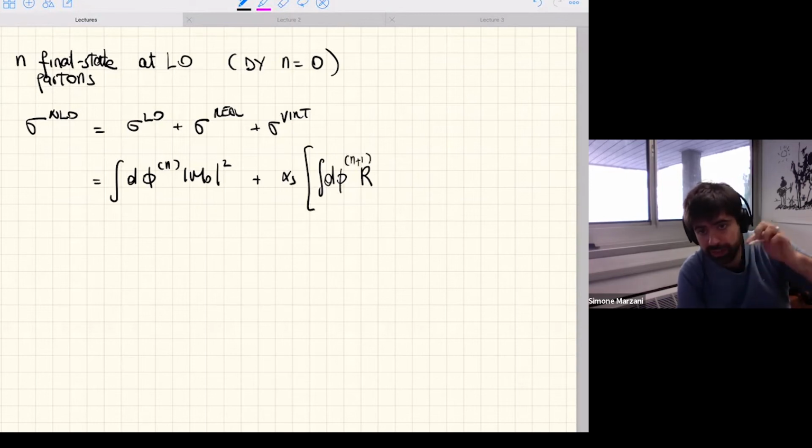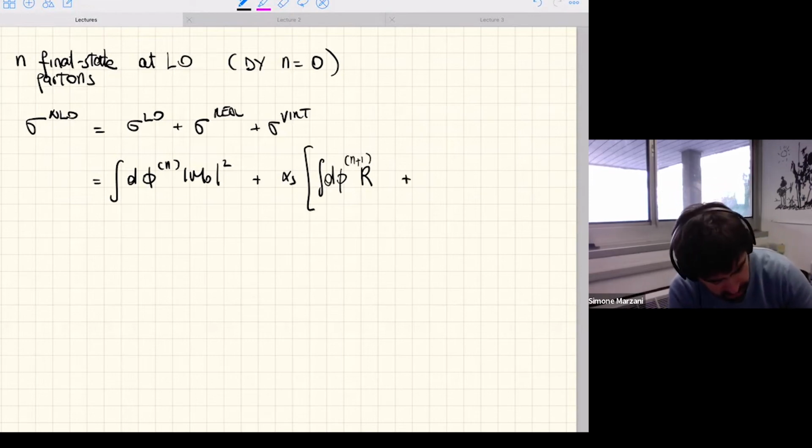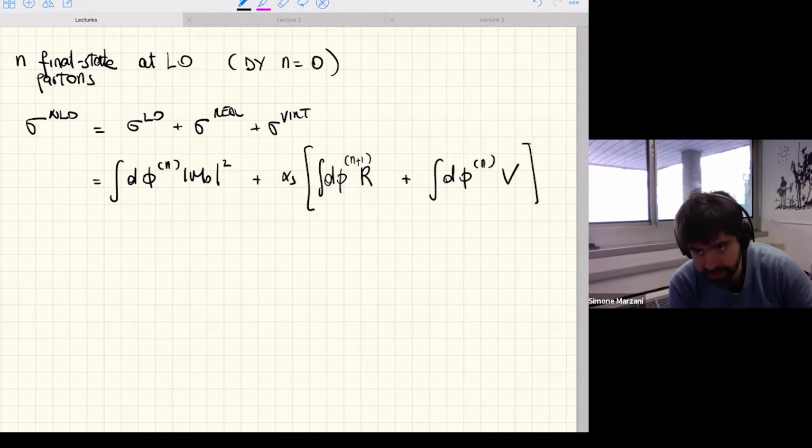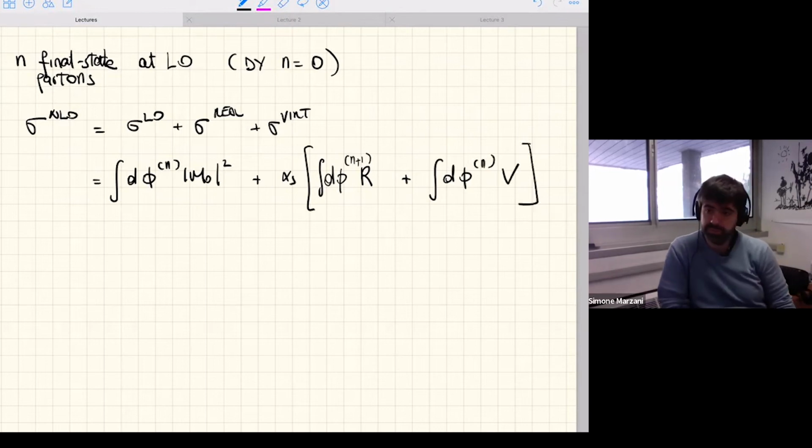If you think about Drell-Yan, you have 0 partons at leading order, you have 1 parton at next-to-leading order. And then you also have to integrate the virtual corrections, which live in the same phase space as the Born.